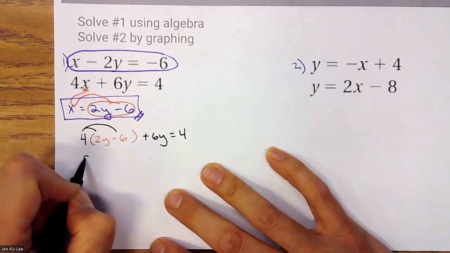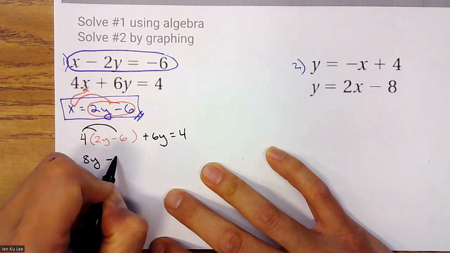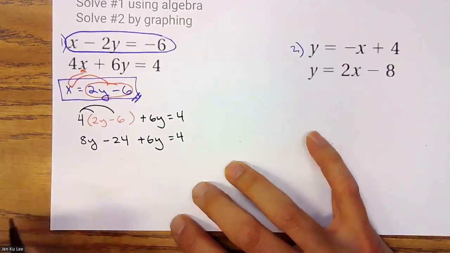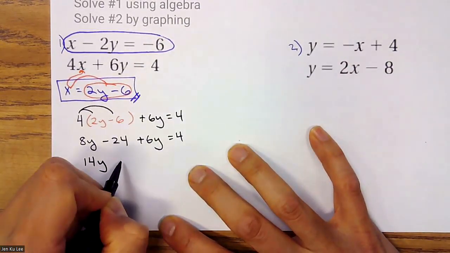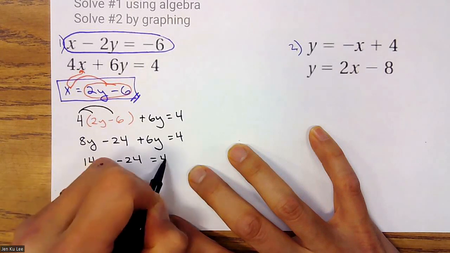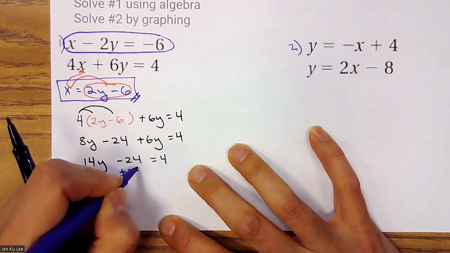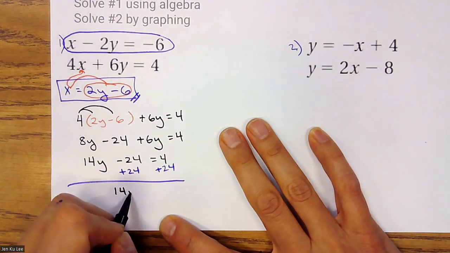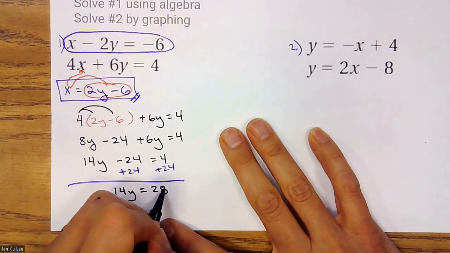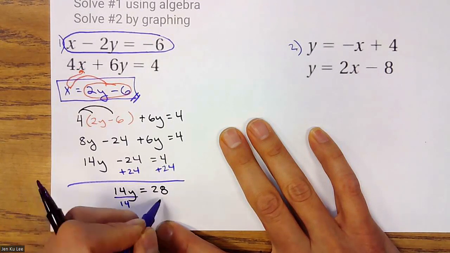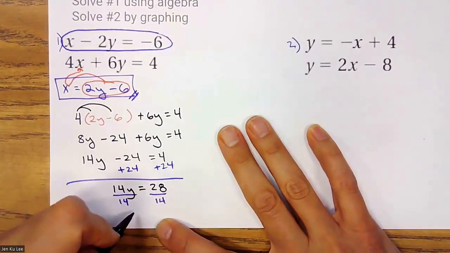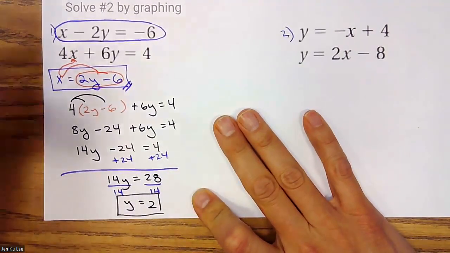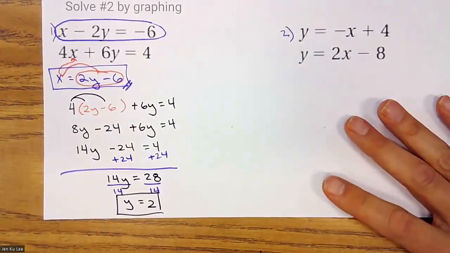So 4 times 2y is 8y minus 24 plus 6y equals 4. Cleaning this side up a little bit, that's 14y minus 24 equals 4. I'm going to add 24 to both sides to get 14y equals 28. Divide by 14 on both sides to get y is equal to 2, right? So I got y is equal to 2.